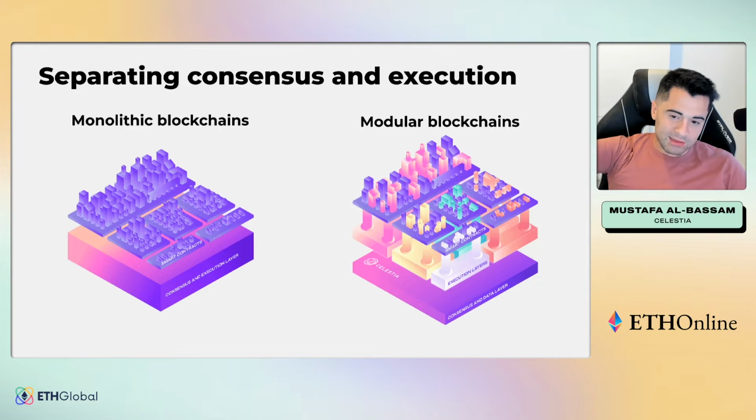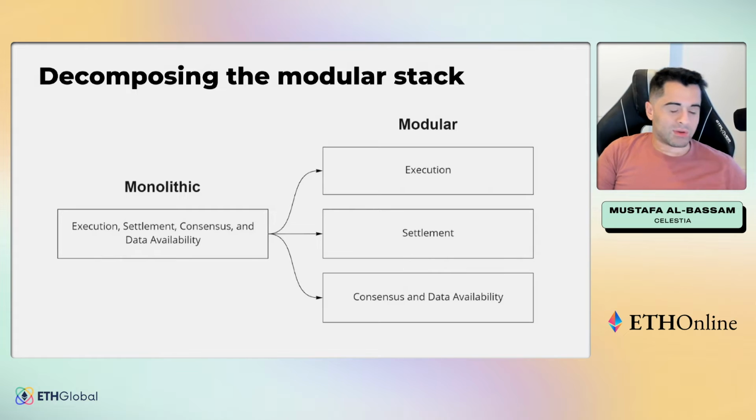And on top of that base layer, you have a wide variety of execution layers in the form of rollups. Those execution layers are modular because they can all have different architectures, disadvantages and advantages, and they can use different programming languages. So, for example, you have non-EVM rollups. Your rollup doesn't even have to use the EVM. Like, for example, StarkWare uses Cairo.